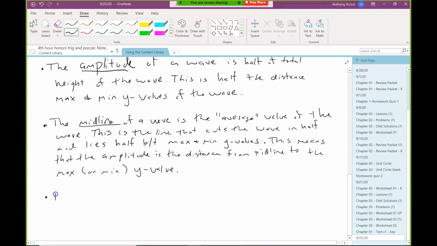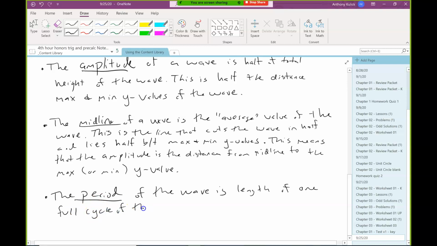All right. The period of the wave is the length of one full cycle of the wave.